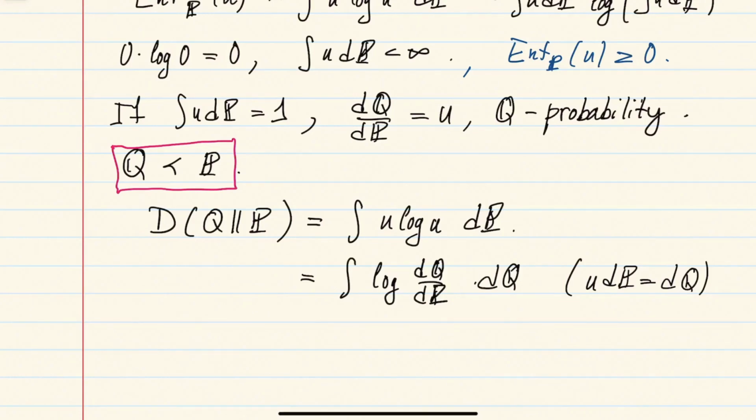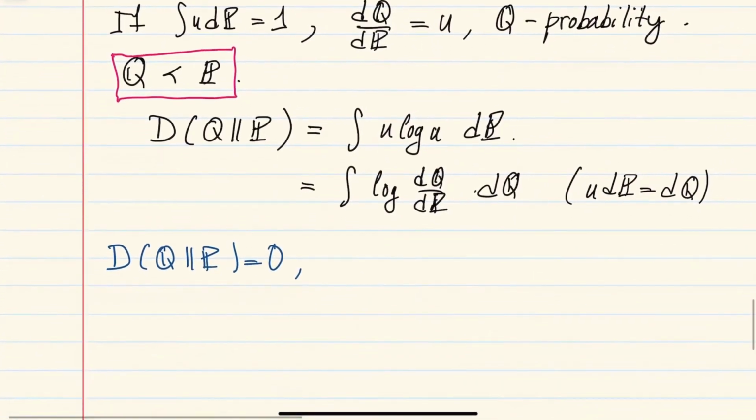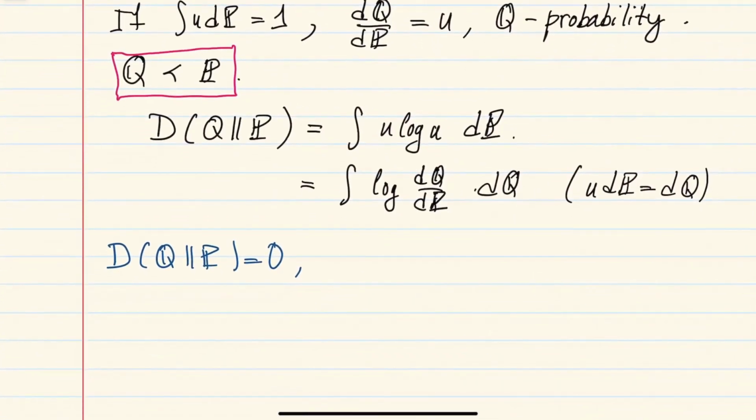And in fact, the only case this divergence can be 0, right? If you look at Jensen's inequality, the inequality will be strict unless your function u is constant with respect to the measure p, right? Unless u is a constant p almost surely. But in the case of the density, this just means that q is equal to p.